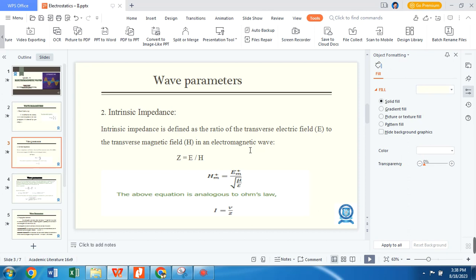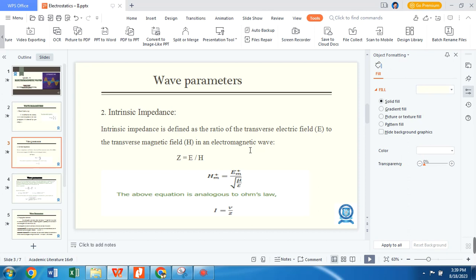When we look at Maxwell's equations, it can be derived from Faraday's law. Del cross E is equal to minus dB/dt, equal to minus mu dH/dt. So from this we get Hm+ = Em+ divided by root of mu/epsilon.